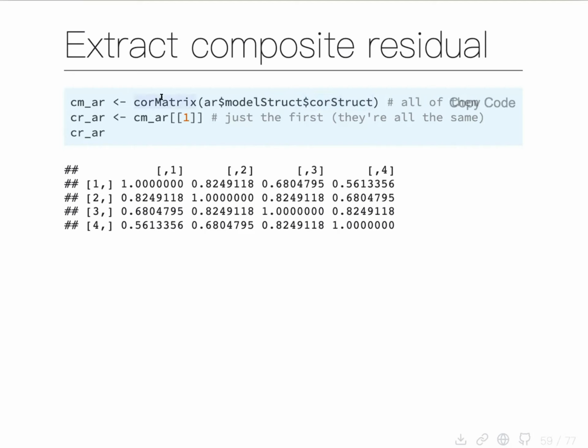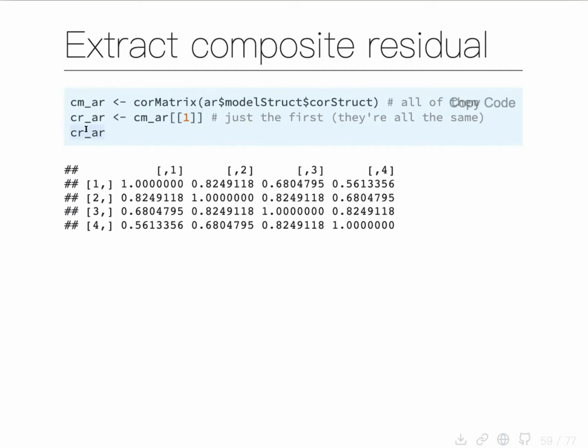I'm saying give me the correlation matrix for this. That's going to give me all of them. So it's going to be a big R list where we have the correlation matrix for every single student. That's why right here I'm saying just give me the first one. I'm using these double brackets to index the list, the first element of the list, which is going to be the same for all of them anyway. It makes no difference.